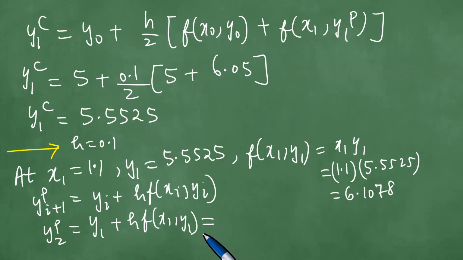What is y1? We can see clearly what y1 is. We've already got that, and we've already got the product. So we're just going to plug in everything. So it's 5.5525. For this question, h is 0.1. And then we've already got the product, which is 6.1078.